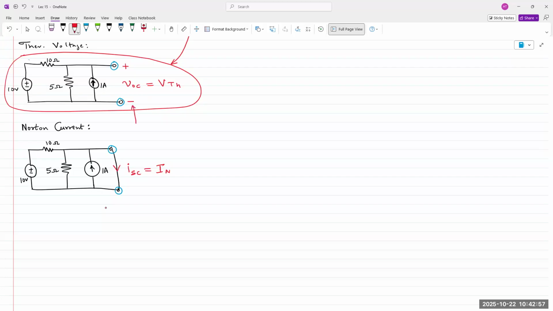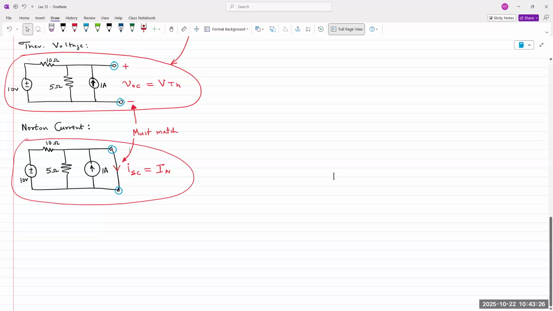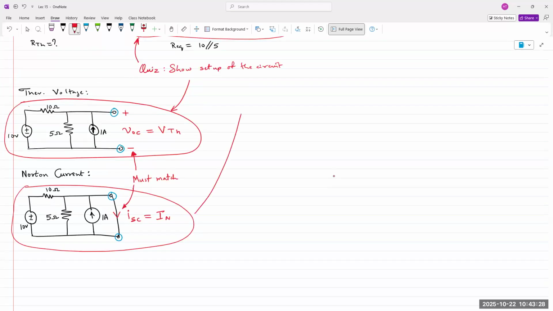So this polarity right here and this current direction right here must match. And then this is the setup for the Norton current that I'm asking for.